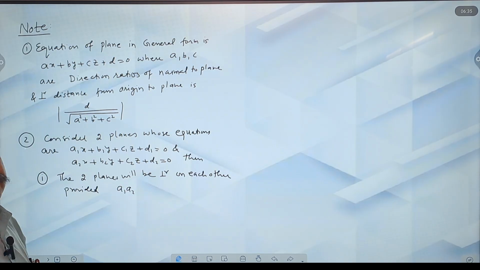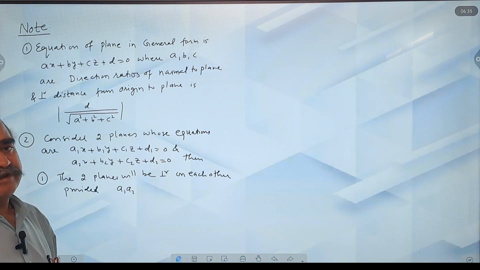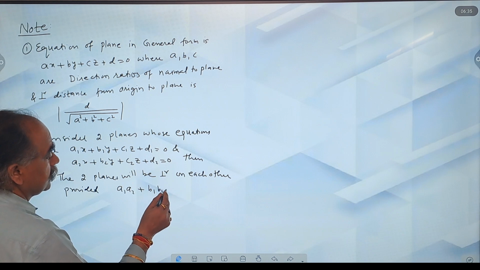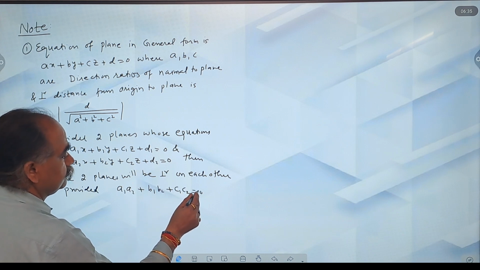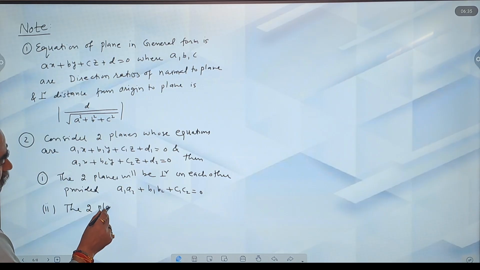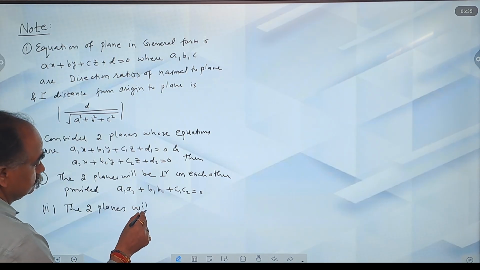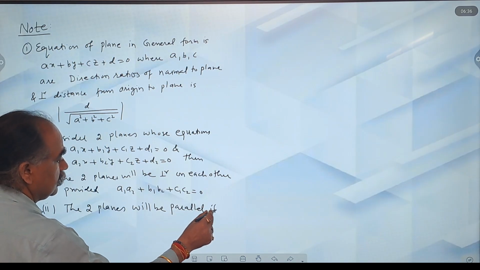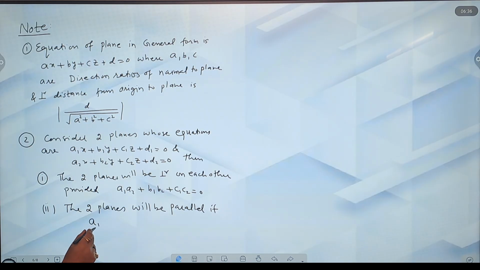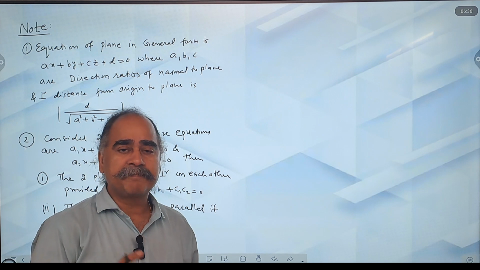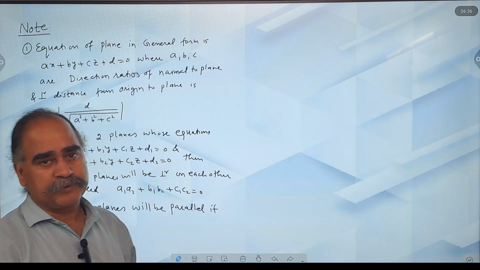when two planes are perpendicular, then their normals will be perpendicular, and when normals are perpendicular, then a1a2 plus b1b2 plus c1c2 is 0. Number 2, the two planes will be parallel if, when two planes are parallel, their normals will be parallel, and when normals are parallel, their DRs will be in equal proportion.